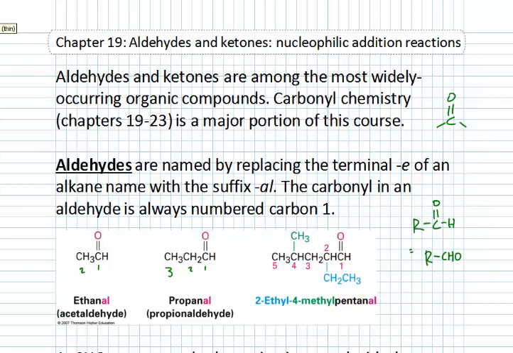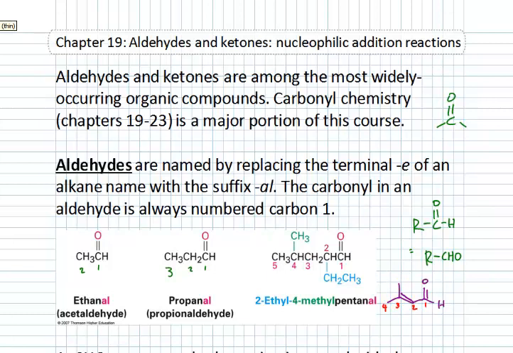Let me draw one with the double bond in it, because that always complicates things a little bit. So just like that. There are 1, 2, 3, 4 carbons on the backbone. There's a double bond between carbons 2 and 3, as well as a methyl group on carbon 3.